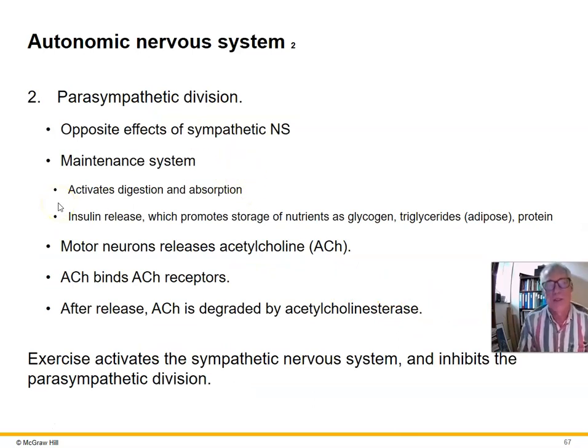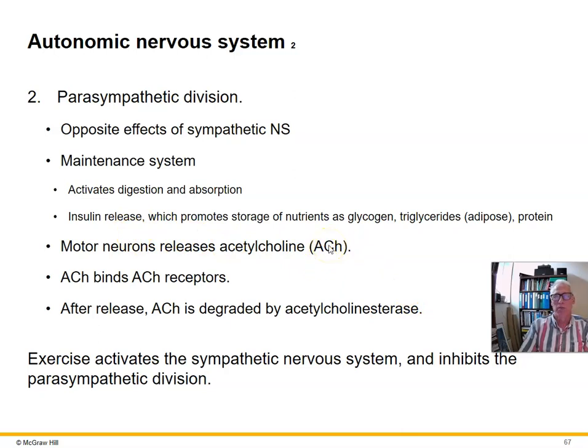The parasympathetic nervous system is called the rest and digest system oftentimes, and it's a maintenance system. So after you eat a meal, it activates digestion and absorption of the nutrients, insulin release and storage of those nutrients as glycogen, fat, adipose tissue, triglycerides, proteins, synthesizing more protein.